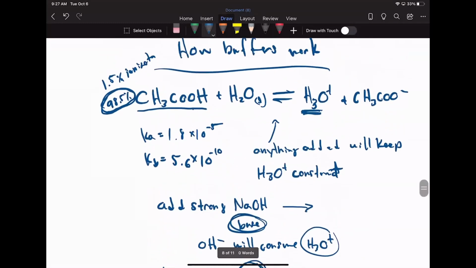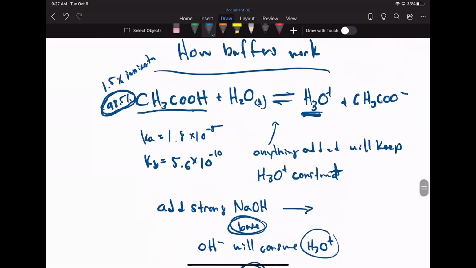If I add HCl, I'm going to increase this, and if I increase that, that means I'm going to change the pH, but this is a buffer. A buffer's job is to maintain the pH, which means that we have to keep the concentration of hydronium constant.